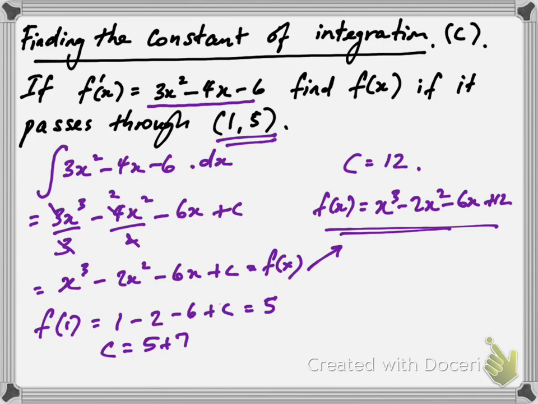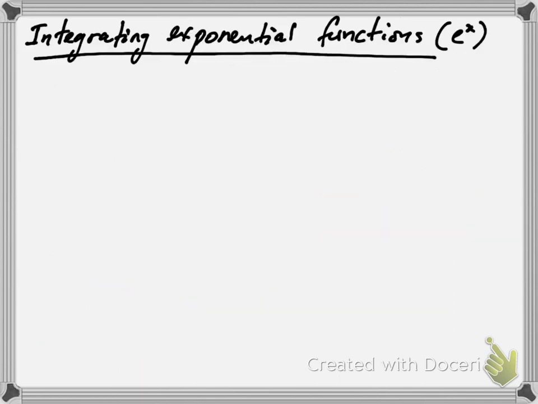Okay, cool. Moving on. We're going to look at integrating exponential functions, which is y is equal to e to the power x. This is the only function whose derivative is the same as the original function, meaning if you differentiate dy over dx of e to the power x, you'll end up with e to the power x.